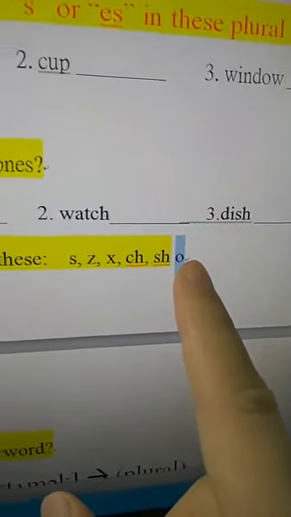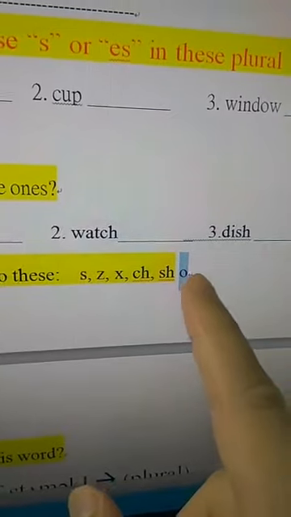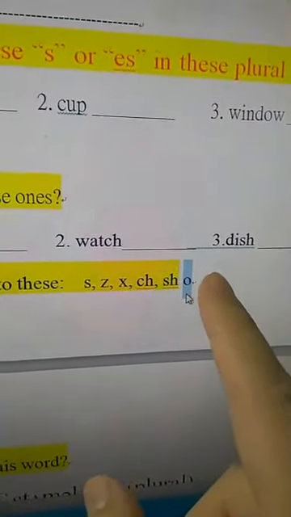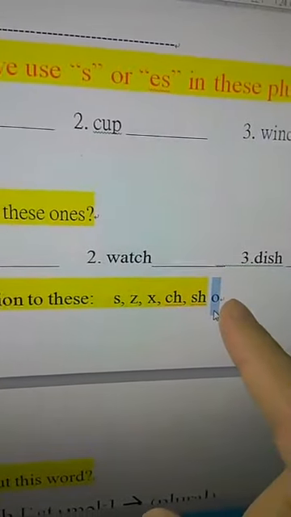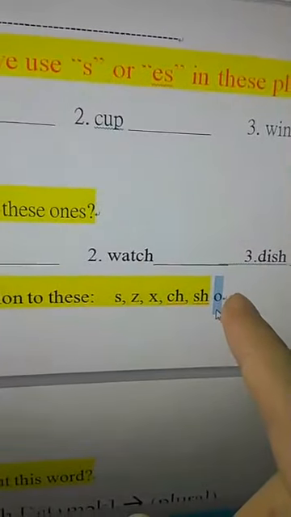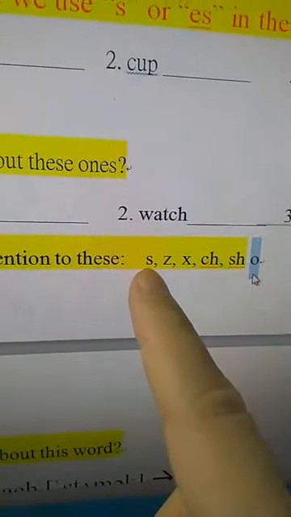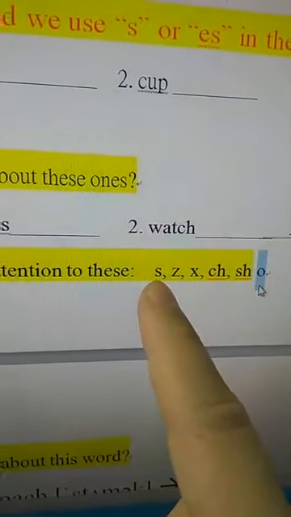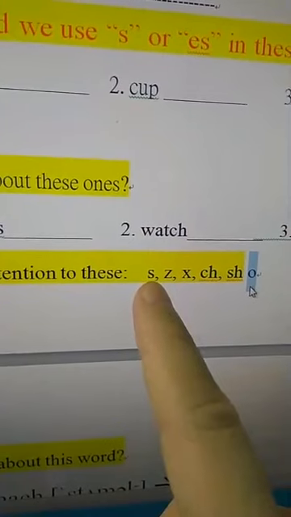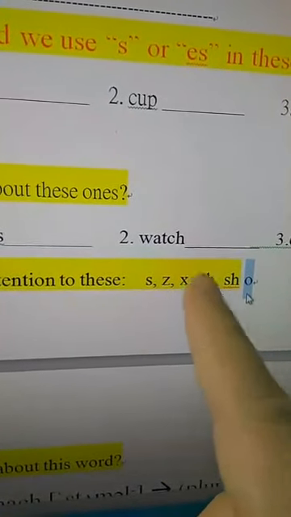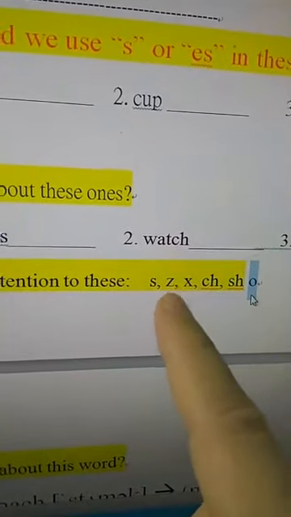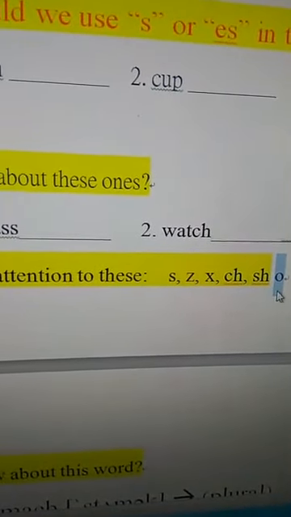Because sometimes O is followed by es, sometimes O is followed by s. So there isn't really a specific rule about the letter O. So all the time, if the word ends with S, Z, X, CH, and SH, we end it with ES.